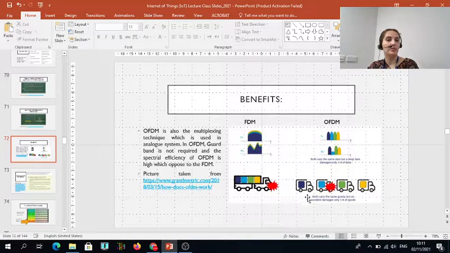But if you instead use smaller trucks and something happens to only one of them, the rest will go safely, and only one, with less complexity and with less cost, can be fixed and transmitted. So this was a nice example comparing FDM with OFDM.